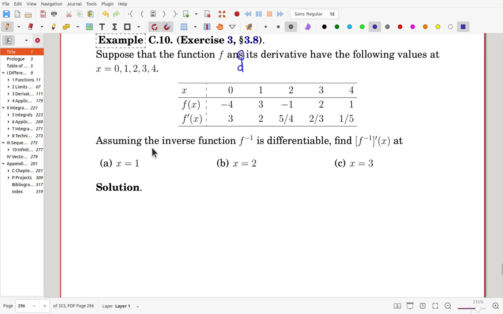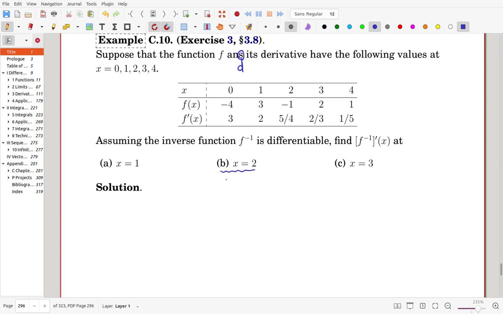Assuming the inverse function f inverse is differentiable, find the derivative of f inverse at such a point. Let's try to do only that one.